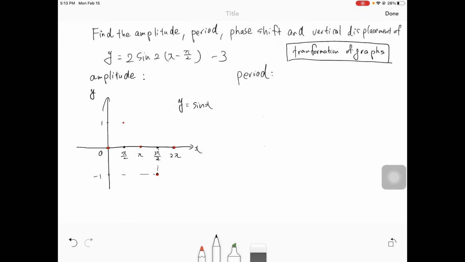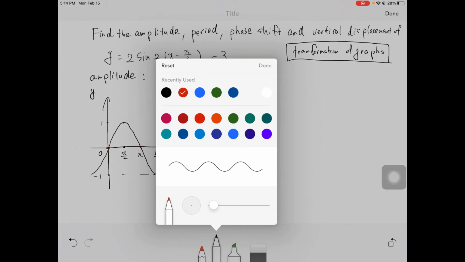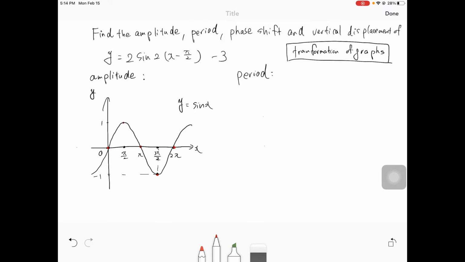Then you can connect them smoothly, like this. Oops. This is the sine graph. Then where is amplitude in this graph? Actually, it's here.